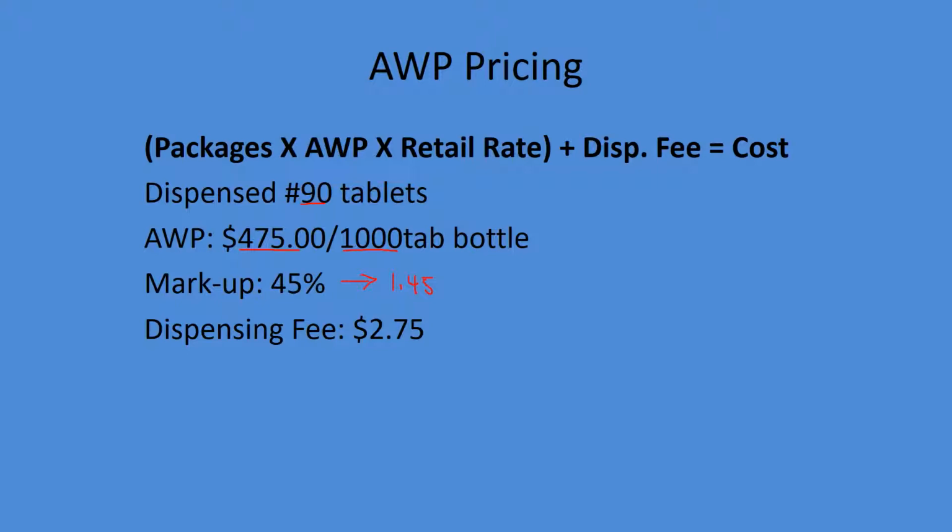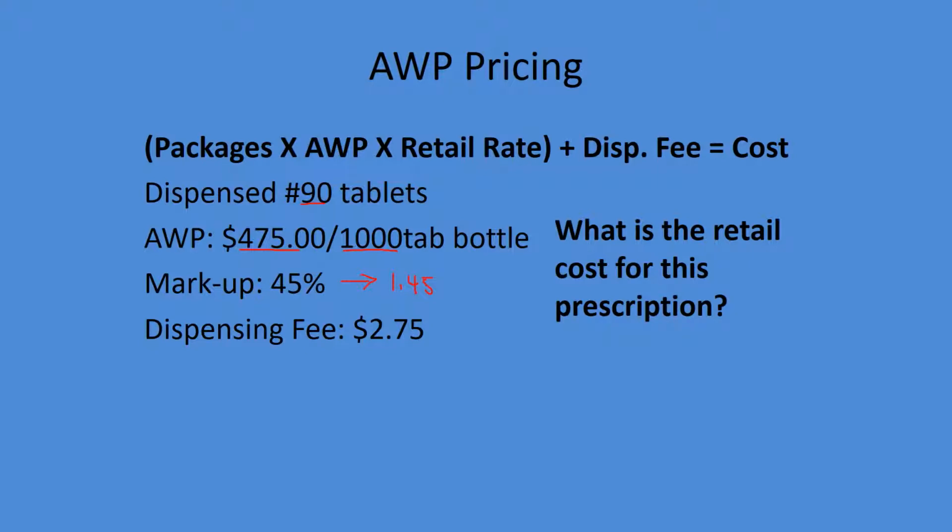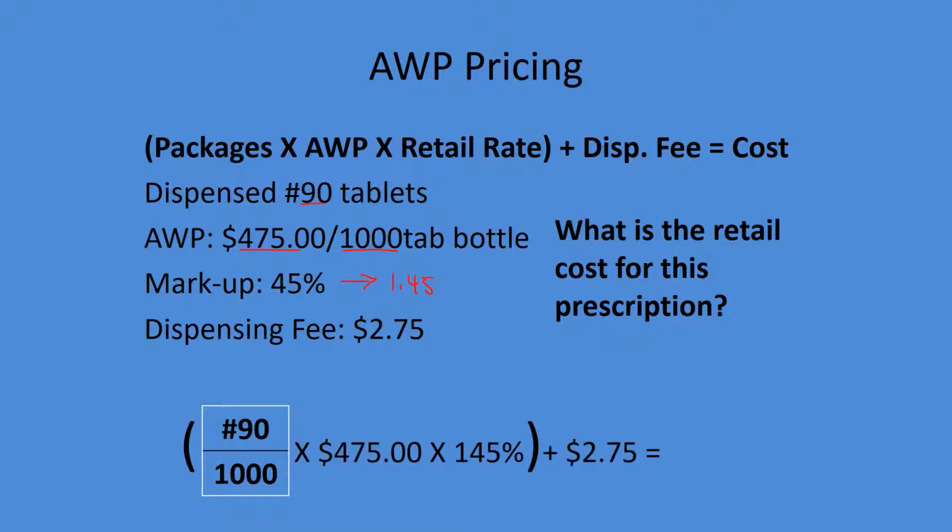Dispensing fee of $2.25. So let's set it up. Packages: we're going to use 90 out of 1,000. The cost is $4.75. The retail rate is 145%. Make sure you do all your multiplication before you add in the dispensing fee. So the retail cost of this prescription will be $64.